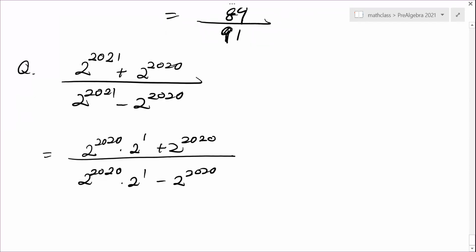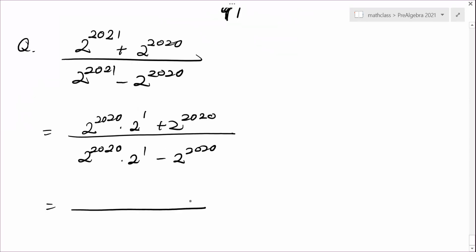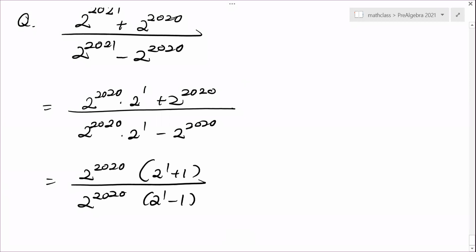Okay, then you get a common factor. 2 to the 2020 is a common factor. You take it out. After you take it out, this will be canceled out. This is a huge number, you know that, right? Then you will see it's 3 over 1, which simply equals 3.